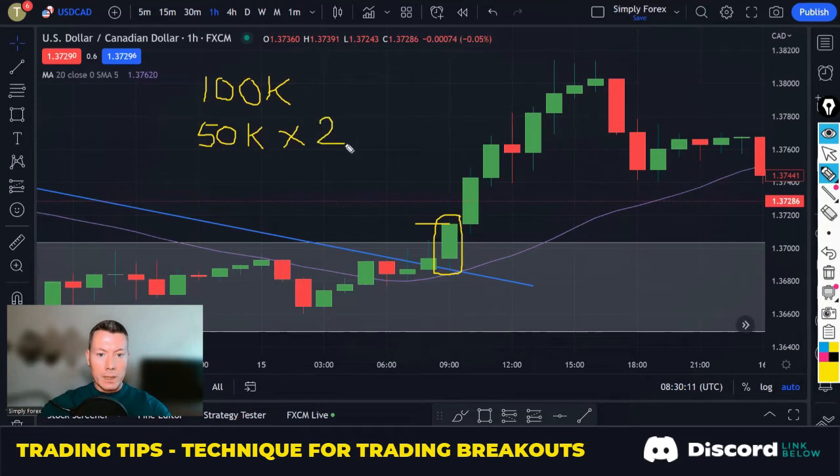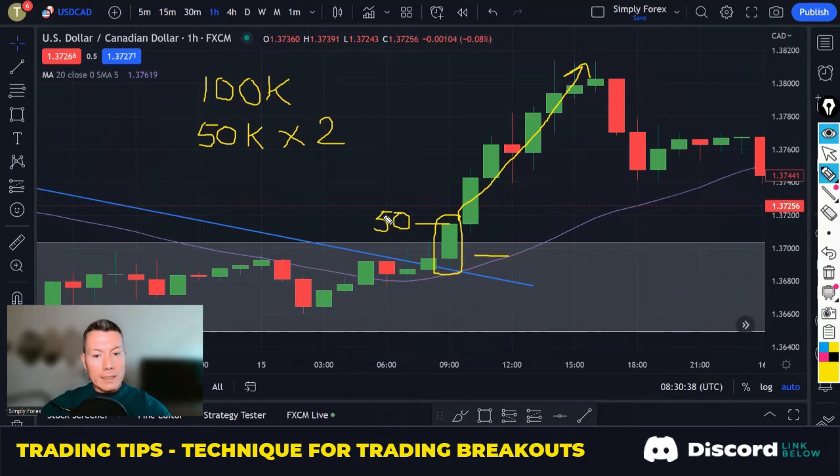When I get the candle that breaks the resistance in this case, I enter my first 50K. If I get a retrace back down to here, I would enter my second 50K. But in this scenario, I don't. I just take this up to whatever target you had for that day.